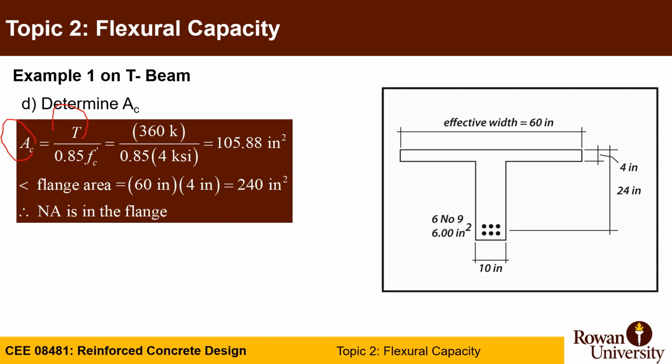It is the tension divided by 0.85 f'c: 360 kips divided by 0.85 times 4 gives you 105.88 inches square. However, the area of the flange is 4 times 60, which is 240. Your area AC is less than the area of the flange, so the neutral axis has to be within the flange.